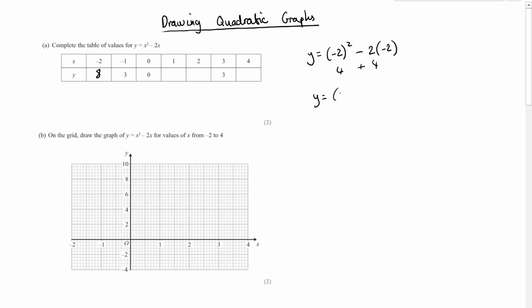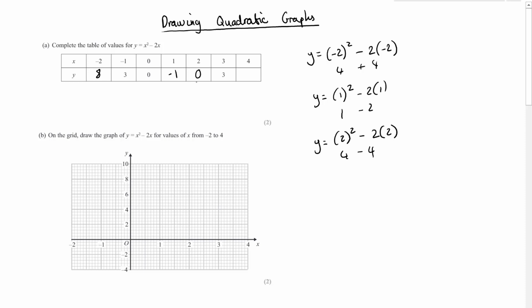If x is equal to 1, y is 1 squared minus 2 times 1, then 1 squared gives me 1, minus 2 gives me minus 1, so this is going to be minus 1 here. Then if I put 2 in, y is equal to 2 squared minus 2 times 2, and this is going to be 4 minus 4, which gives me 0.